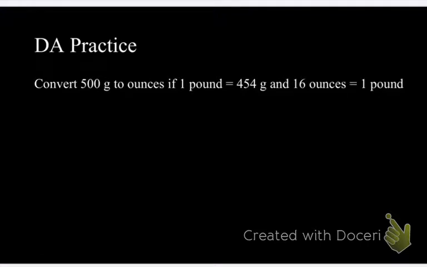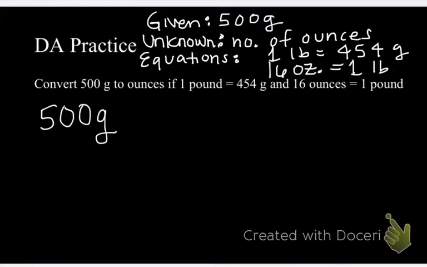So we're going to set this up. Okay, I put my given is 500 grams. My unknown is the number of ounces. And the conversion factors I'm going to use is that 1 pound is equal to 454 grams, and that 16 ounces is equal to 1 pound. So I'm starting off with grams, so I need to cancel out grams by putting that conversion factor on the bottom.